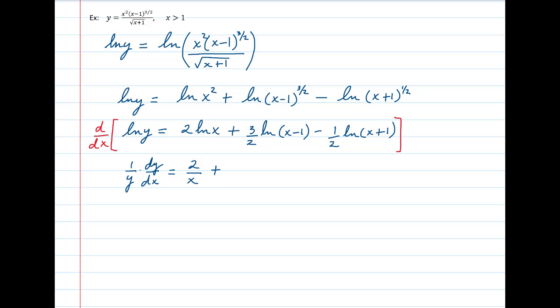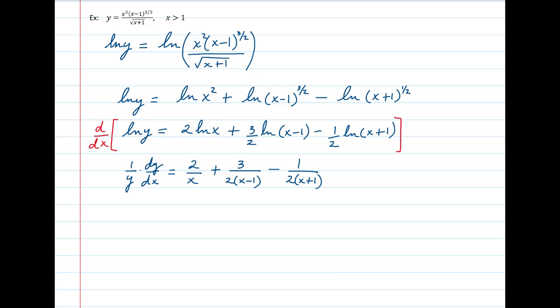So on the left side, of course, always 1 over y dy dx equal to 2 times the derivative of ln x, which is 1 over x, plus 3 halves times the derivative of ln(x minus 1). It's 1 over x minus 1, so those go in the denominator. Same thing for the derivative of negative 1/2 ln of (x plus 1).